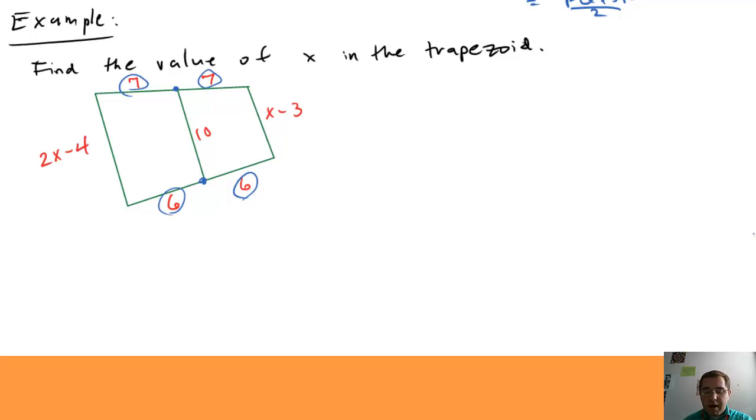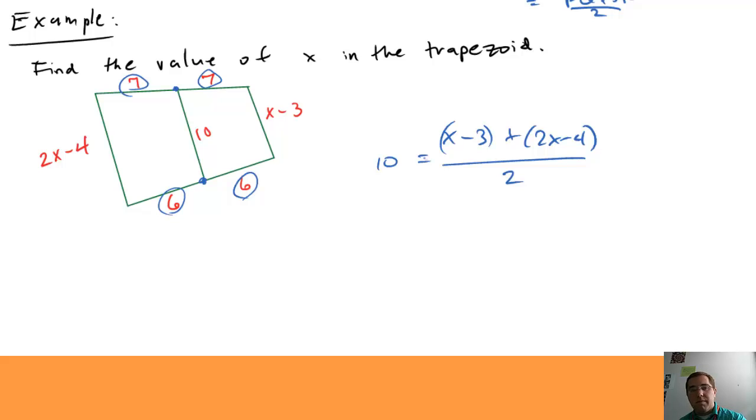To take the average of the bases, I take x minus 3 plus 2x minus 4, and there's just 2 of them, so I divide by 2. That needs to be equal to the median, which is 10.